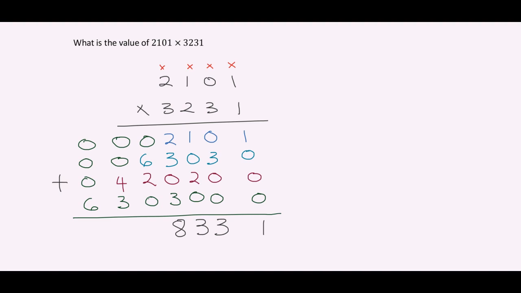Plus 2, 8. Plus 0, that's 8. 0 plus 0, 0 plus 4, 4 plus 3, 7. 0 plus 0, 0 plus 0, 0 plus 6, that's 6. So we put our commas.